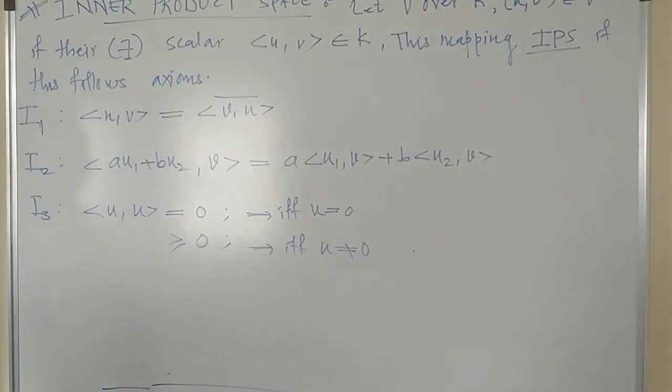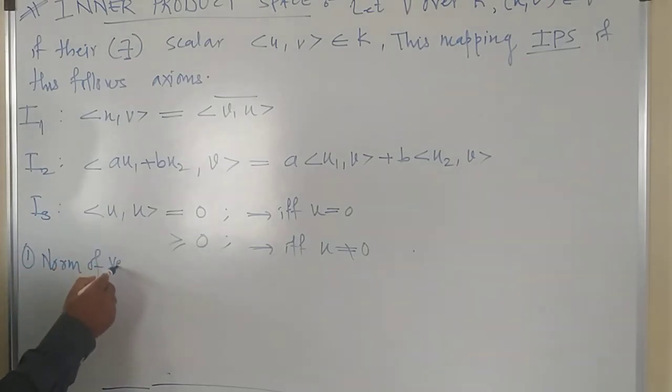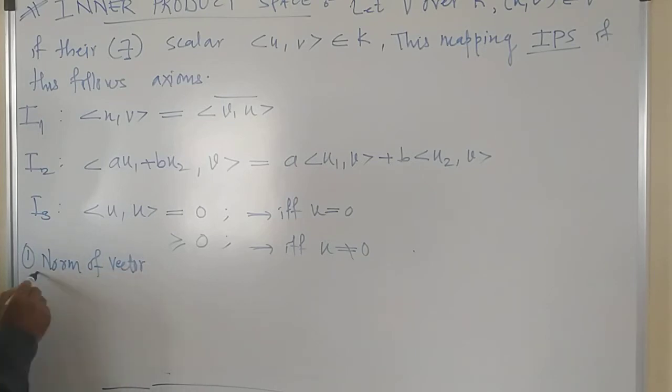So let's go ahead and understand some more basic things about the inner product space. Let's go for the first one: the norm of a vector. What is the norm of a vector and how do we take it?